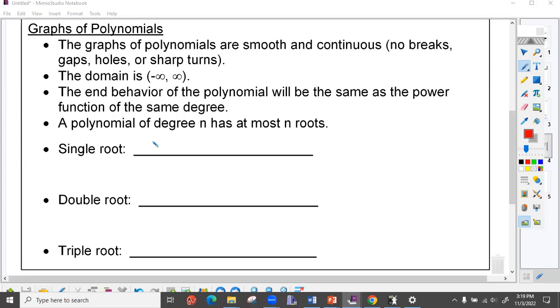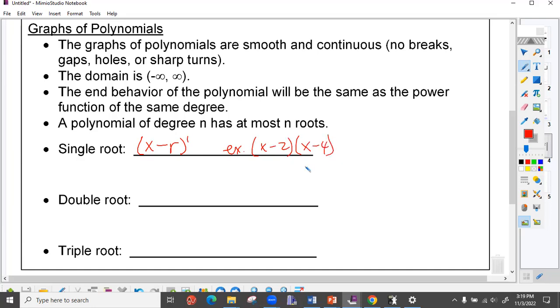So we're gonna describe the root behavior. So it's a single root. A single root means that when you write your factor, it has a power of 1, aka Casper the friendly 1. So if I have x minus r to the 1, am I gonna see the 1 as a power? No, because it's redundant. So an example would be if we had x minus 2 and x minus 4, right?